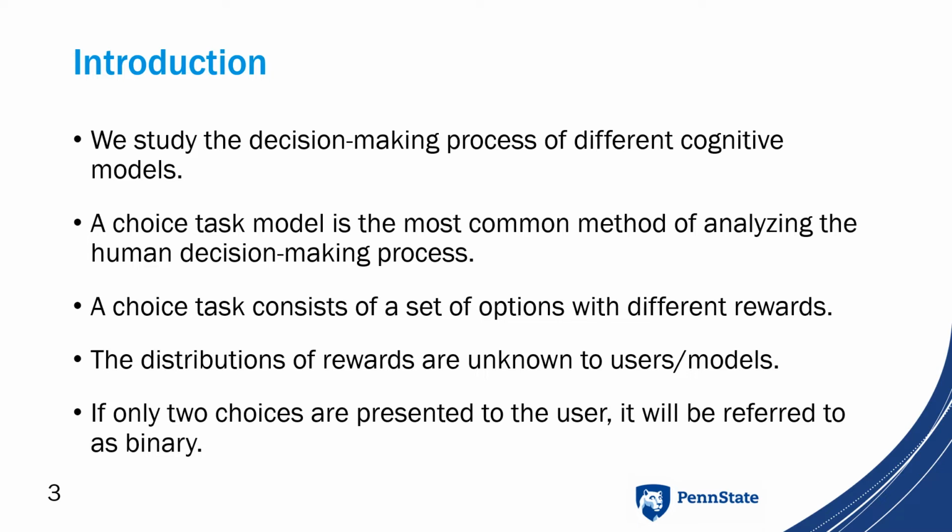However, the distribution of rewards is unknown to the users. And we want to study if the cognitive models will learn bias, and if they do, how they would use this information. In order to limit the parameters involved in the decision making, we will limit the choices to only two, which is referred to as binary decision making.